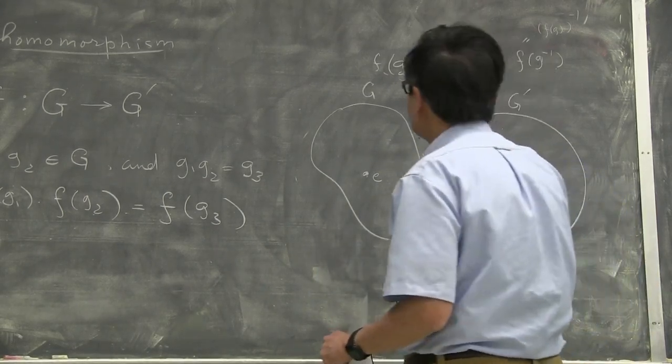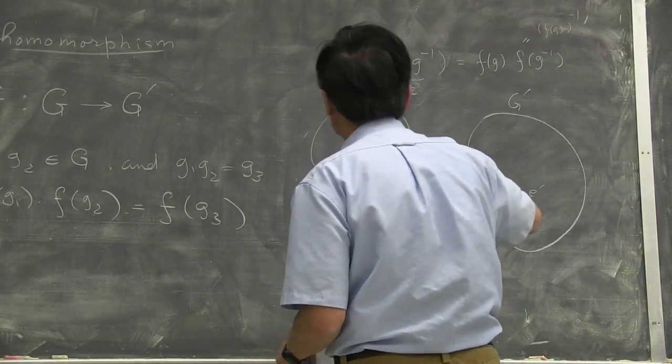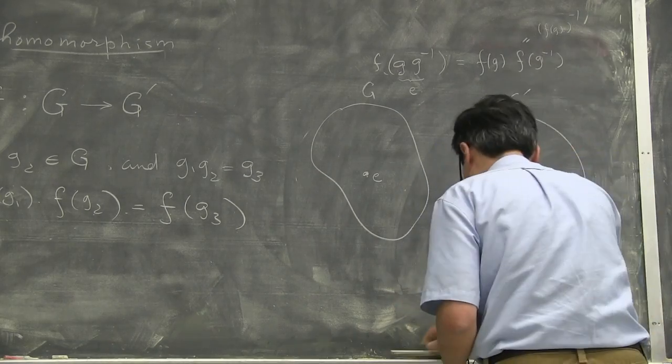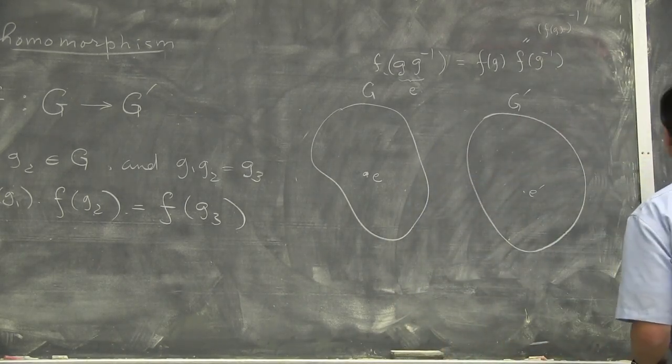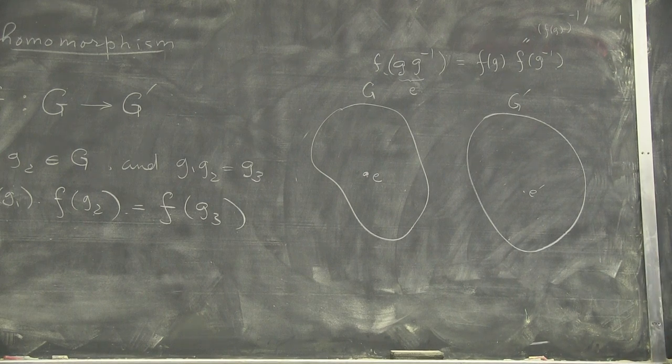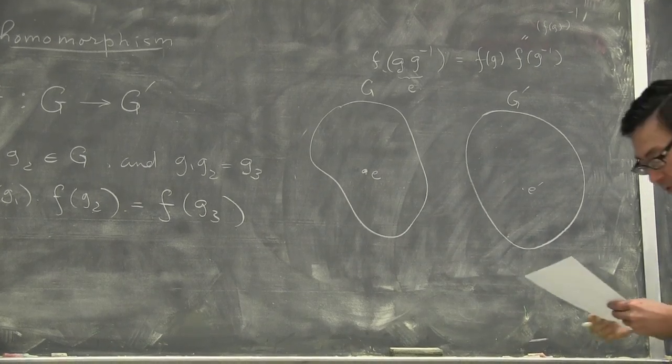Now let's next talk about the idea of a group representation. A group representation is a particular kind of group homomorphism.